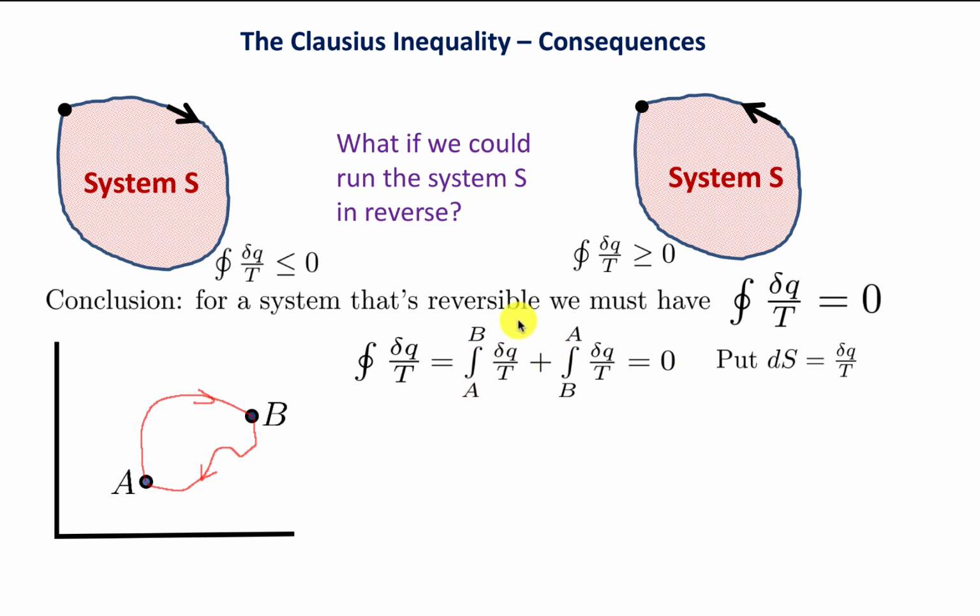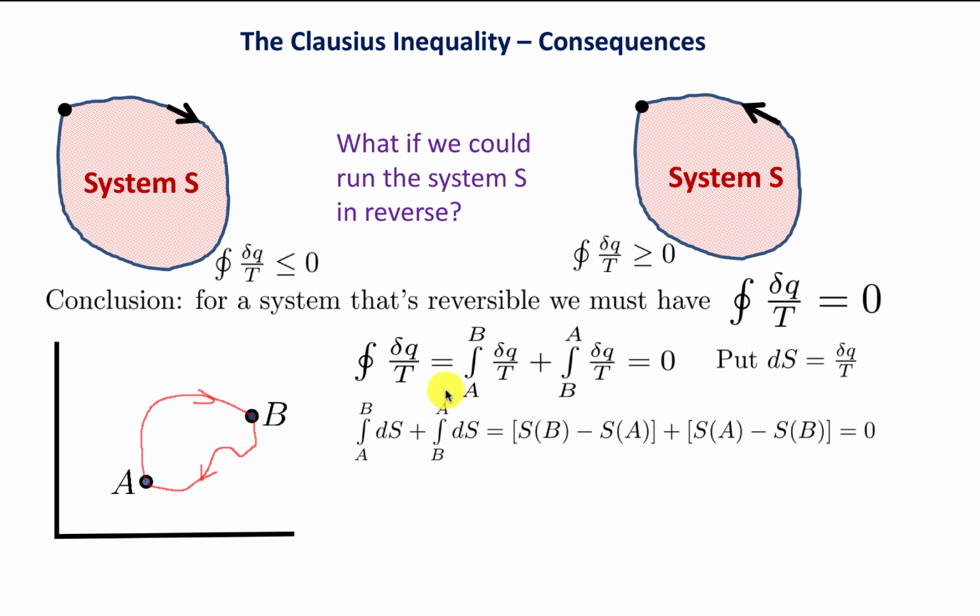Instead of writing this again and again, let me put dS equal to delta Q by T, and then this relation over here becomes this integral of S from A to B plus B to A. Remember that these are arbitrary paths, and this point B can be here, here, anywhere on this plane.